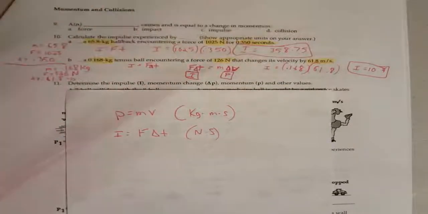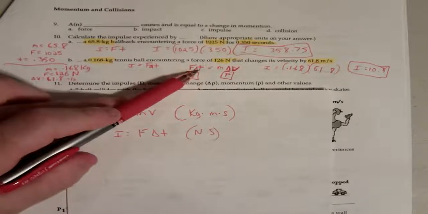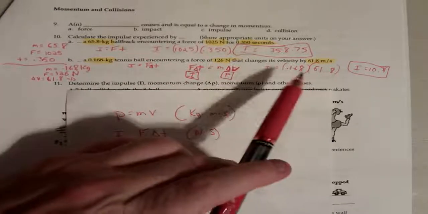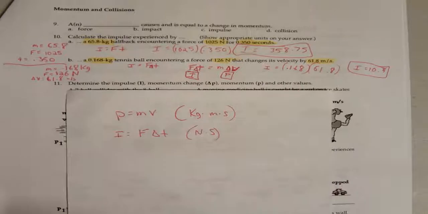Now, this is where everybody pauses and they're like, okay, that doesn't make any sense, because he just said impulse was force times time, yet we just did mass times velocity, and we're calling that impulse, even though it's super confusing. Okay, well, chillax, and let's figure out why.